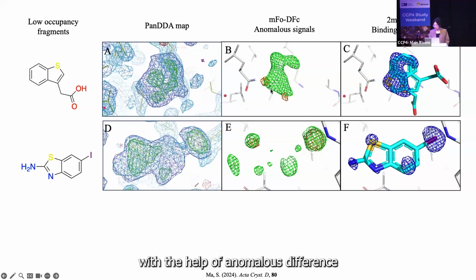With the help of the anomalous difference Fourier map, shown as the orange mesh here, we can confidently fit this fragment as shown in figure C.